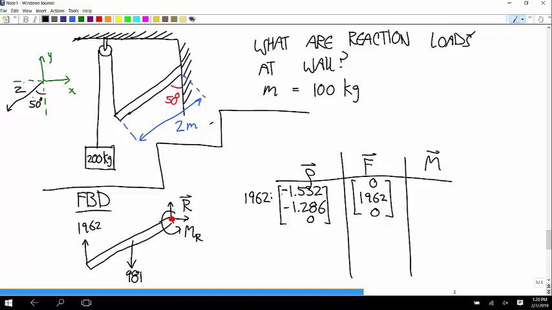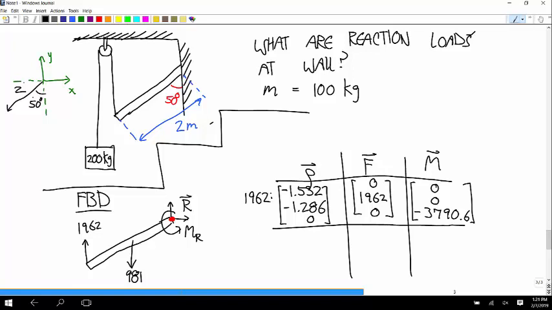Negative 1.532 times 1962. Any questions about how I got that stuff?